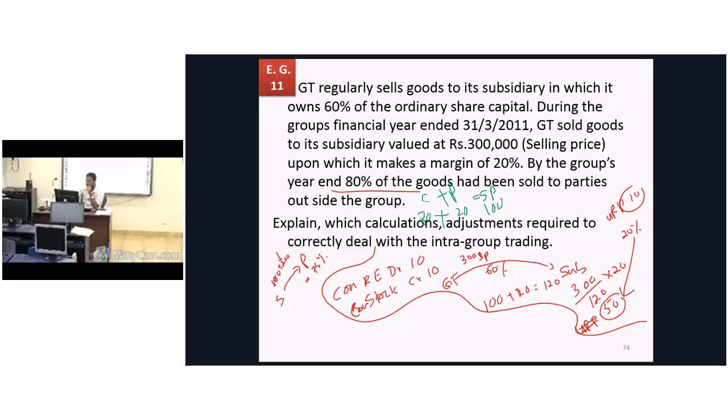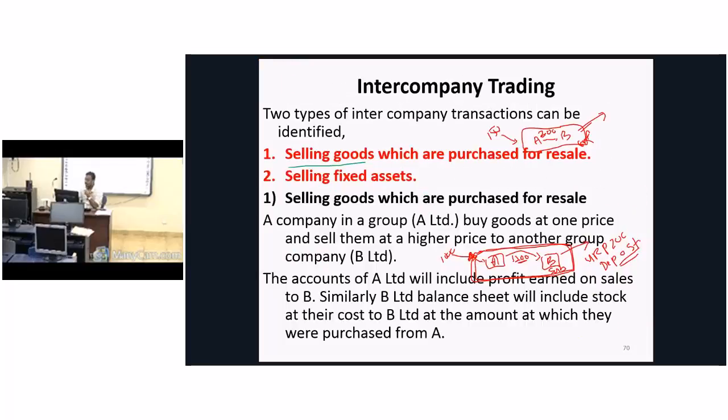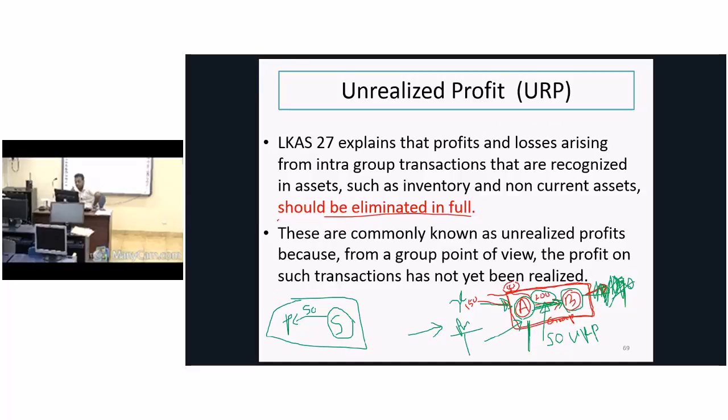Remember the important point: if something is sold to outsiders, then that profit will be realized. In my previous example, A sold goods by adding 50 profit to B, and B has not sold anything to outsiders. Therefore, I took the total 50 as unrealized profit. But let's assume in this case B sold 40% of goods to outsiders.